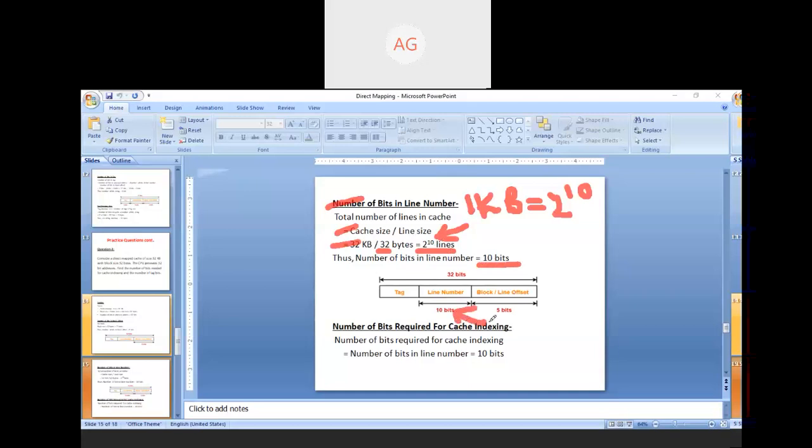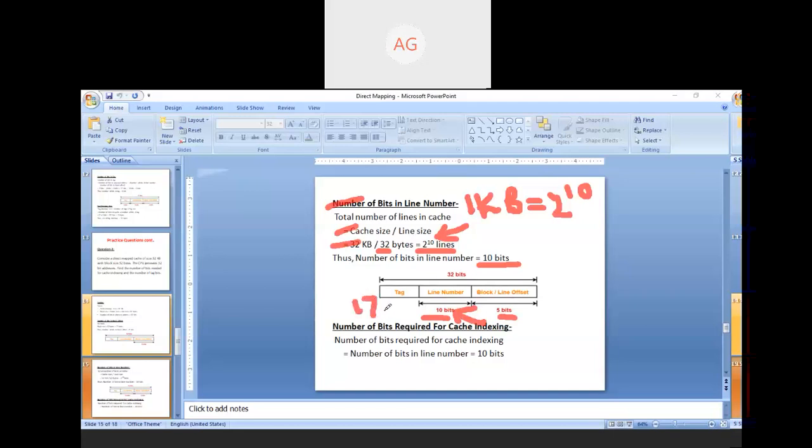So out of 32 bits, 10 bits are required for the line number, and 5 bits are required for the block or line offset. So it means 32 minus (10 plus 5), which is 32 minus 15. So 17 bits are required for the tag.